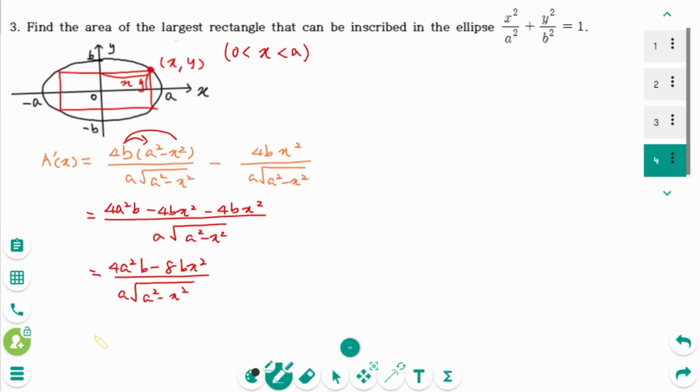Then we can factor, take out 4b: a squared minus 2x squared over a times square root of a squared minus x squared.